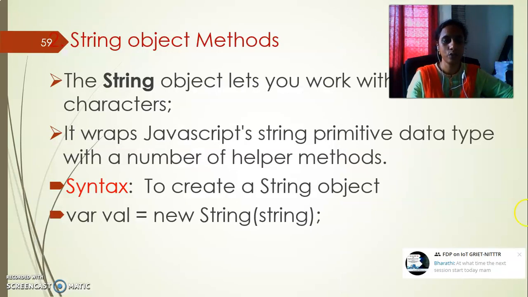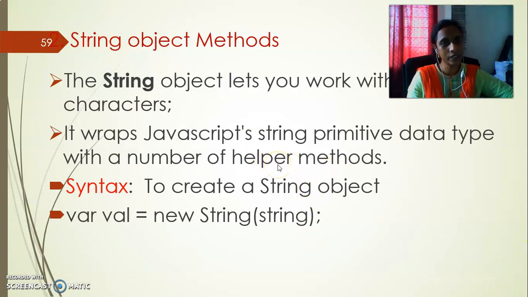Now you can see that there is a string object. String object also has some methods, but before talking about it, once again I want to remind you that JavaScript offers only one data type called var, and this data type can hold any value that you want to store.